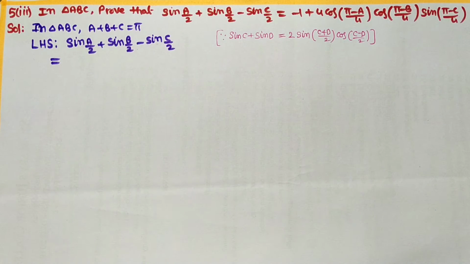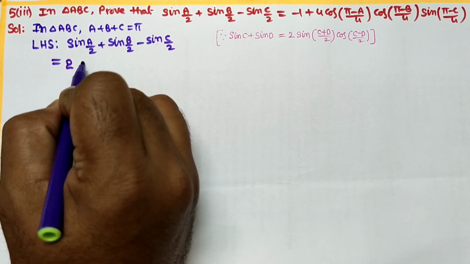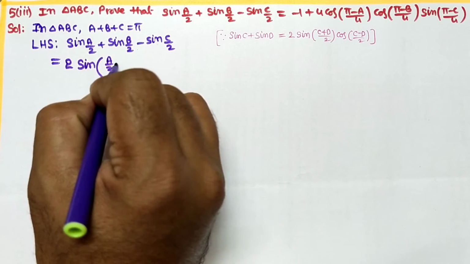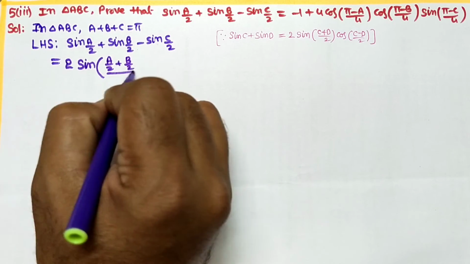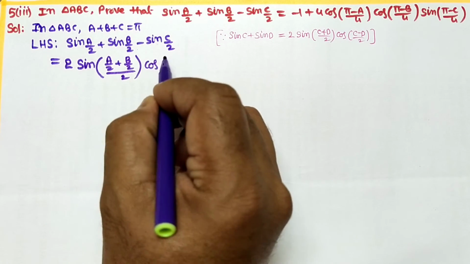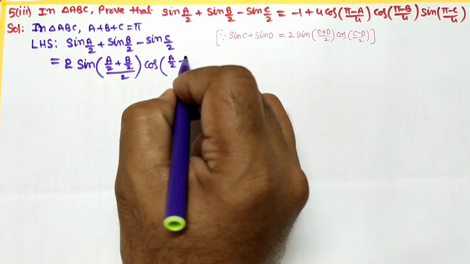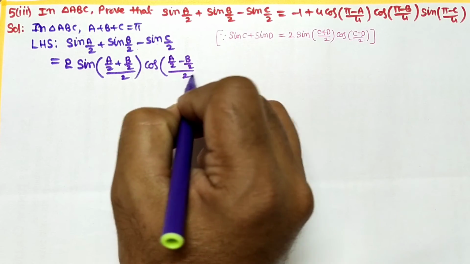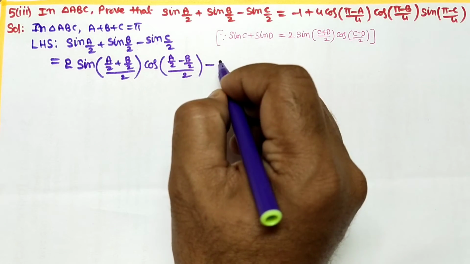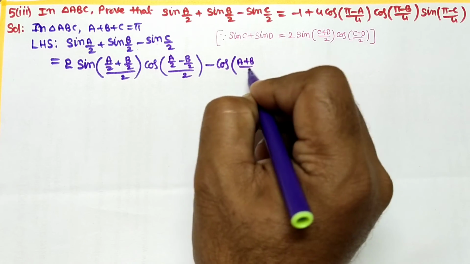By using this formula, 2 into sin of (A by 2 plus B by 2) by 2, cos of (A by 2 minus B by 2) by 2, minus sin C by 2 can be written as cos of (A plus B) by 2.